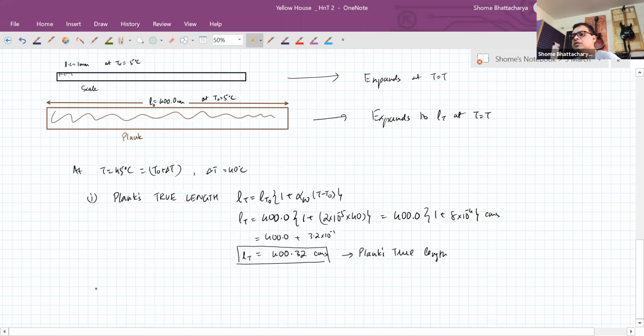So secondly, at T equal to 45 degrees C, the least count of the scale actually becomes 1 millimeter into 1 plus alpha of the metal into delta T. So it becomes 1 millimeter into 1 plus 8 into 10 raised to minus 6 into 40.